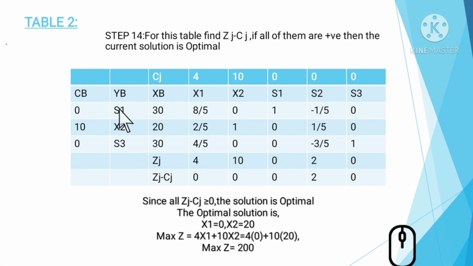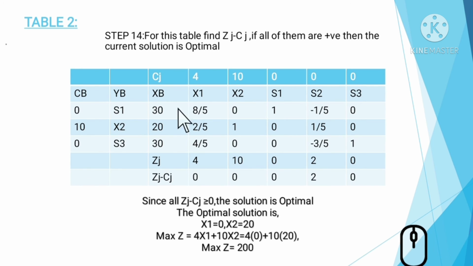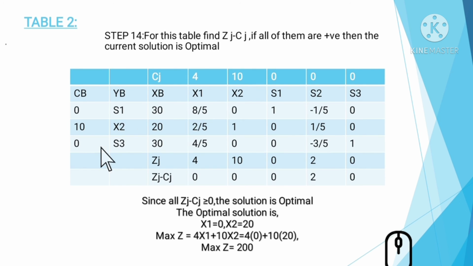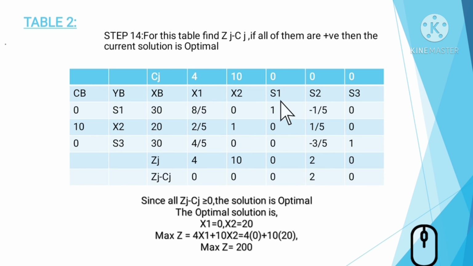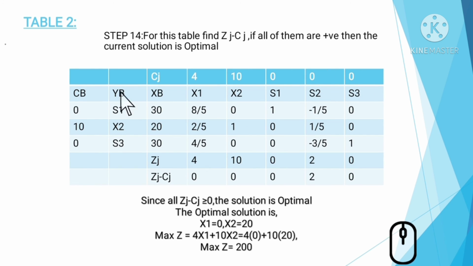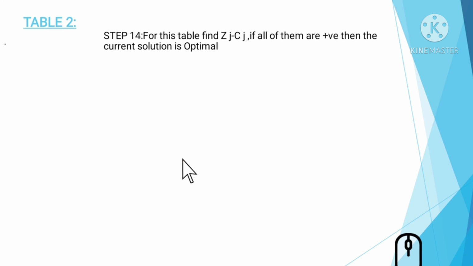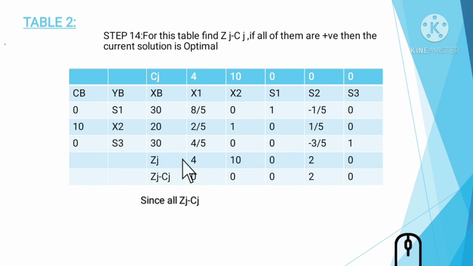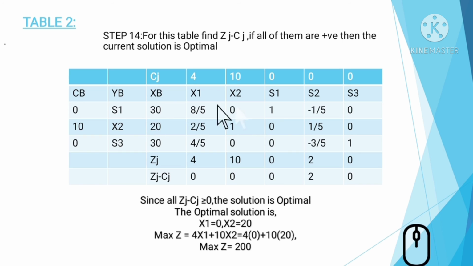The coefficient of S1 from the objective function is 0, the coefficient of X2 is 10, and the coefficient of S3 is 0. So this is CB. And xb, x1, x2, s1, s2, s3 are formed from the previous calculations which we have seen previously.